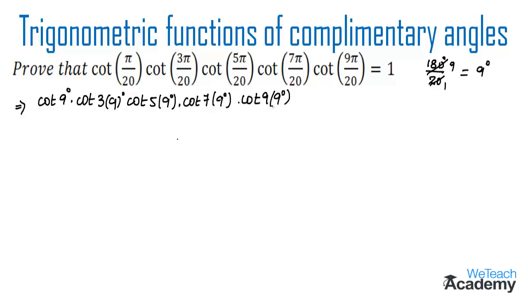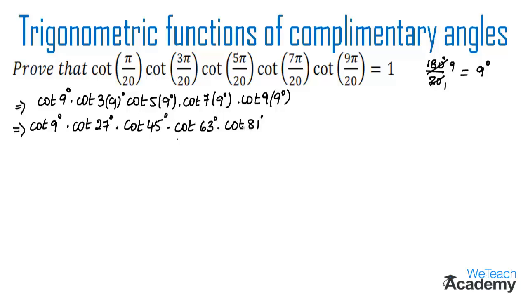So we get cot 5 into 9 degrees into cot 7 into 9 degrees into cot 9 into 9 degrees. That implies we get cot 9 degrees into cot 27 degrees into cot 5 into 9, which is cot 45 degrees, into cot 7 into 9, which is cot 63 degrees, into cot 81 degrees.